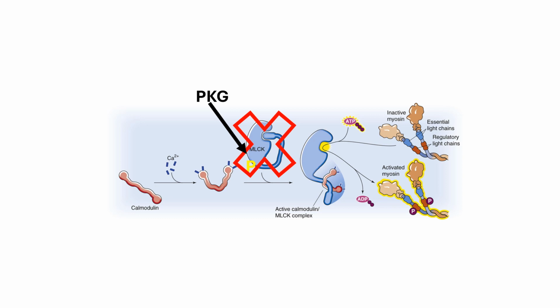But going backwards, I mentioned a little while ago that if myosin light chain kinase can get phosphorylated by something, that will essentially knock it out and prevent the smooth muscle from being able to contract. And we think that's more or less exactly what nitric oxide does to smooth muscle cells that exist within blood vessels, particularly smooth muscle cells that exist within arterioles.